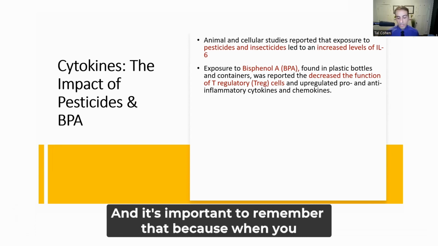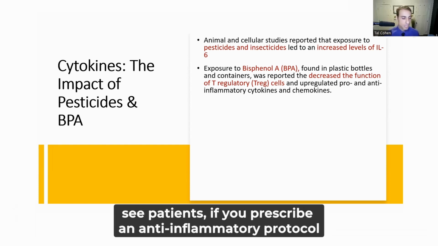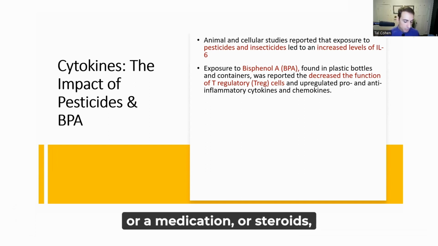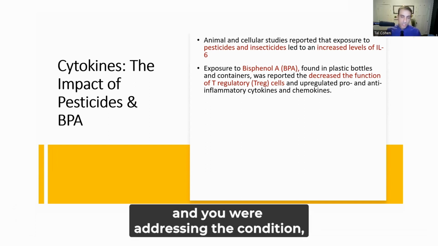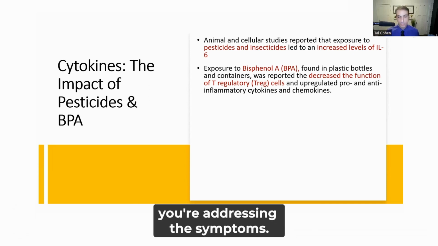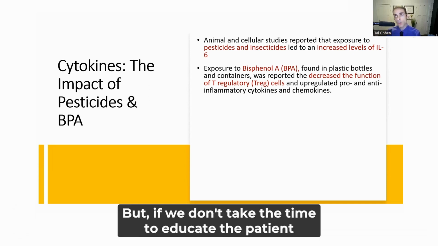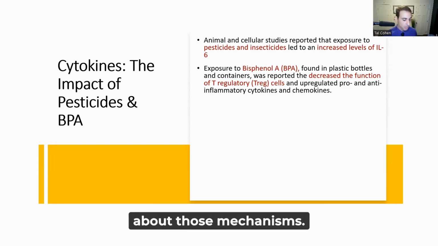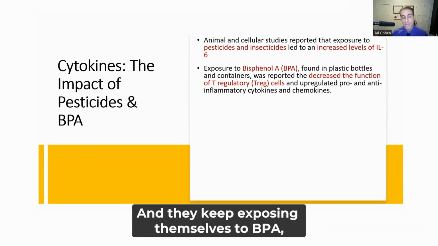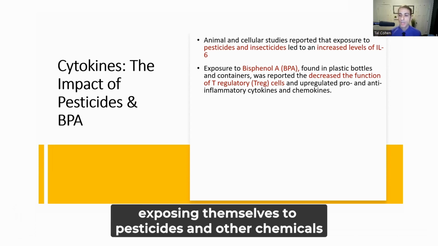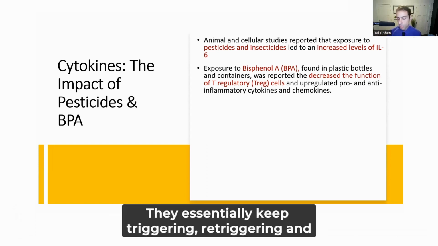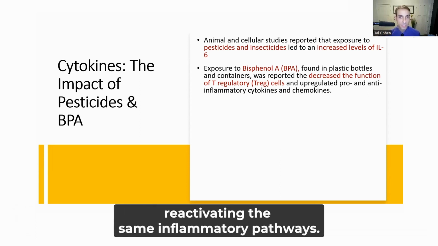And it's important to remember that, because when you see patients, if you prescribe an anti-inflammatory protocol or a medication or steroids, you're addressing the condition, you're addressing the symptoms, but if we don't take the time to educate the patient about those mechanisms and they keep exposing themselves to BPA, pesticides, and other chemicals like heavy metals, they essentially keep retriggering, reactivating the same inflammatory pathways.